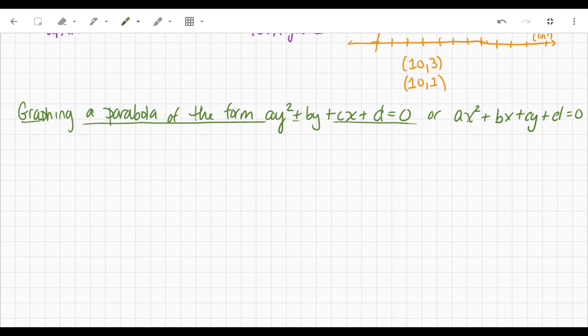For these, you just have to do a little bit of rearranging, and then it's going to follow the same rules. I'm just double checking to make sure I have what you want to do.